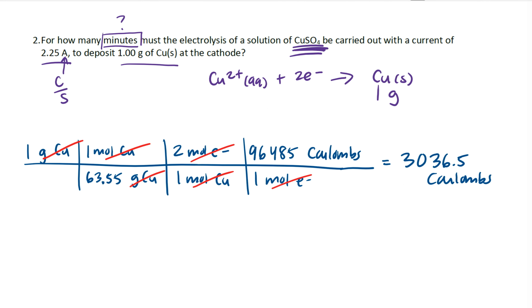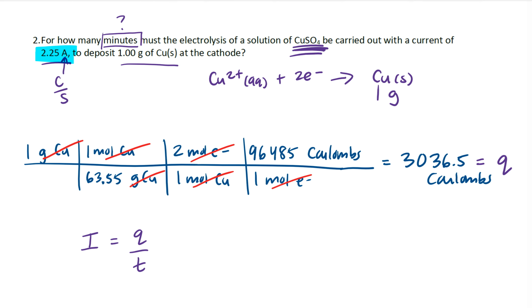All right, so this amount of coulombs is Q in that equation of I equals Q over T. Coulombs is charge. And what I am told in this problem is that 2.25 amps is our current.